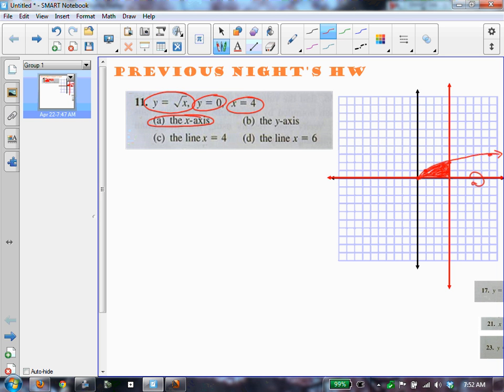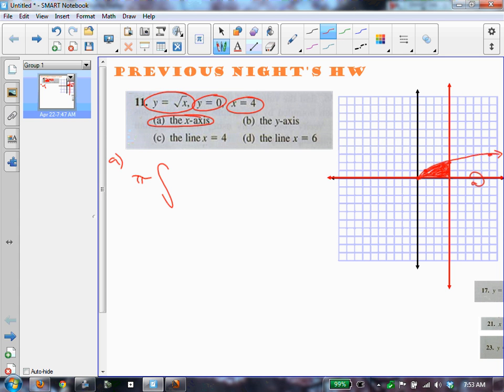All right, so the integral of top minus bottom, technically, even though this is a disk, because there's no space, so I have no hole. So this one is going to be a disk method.